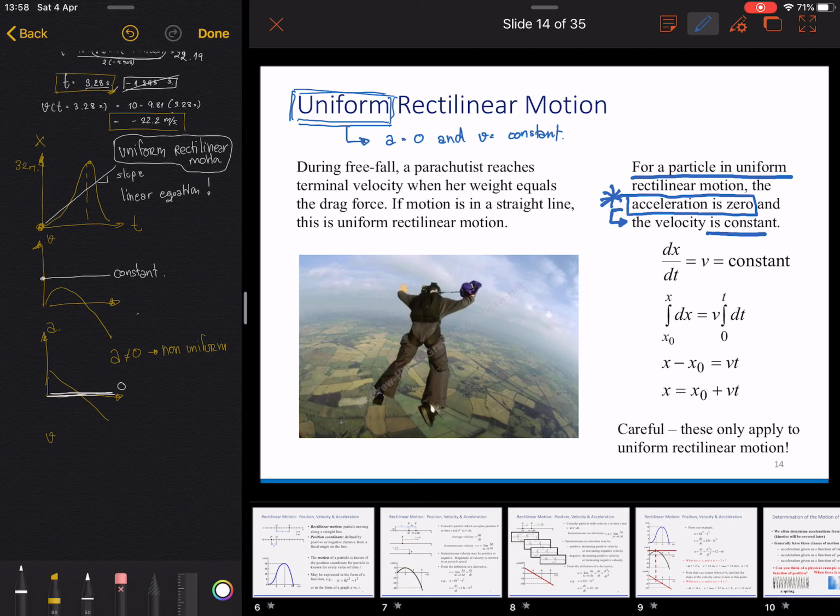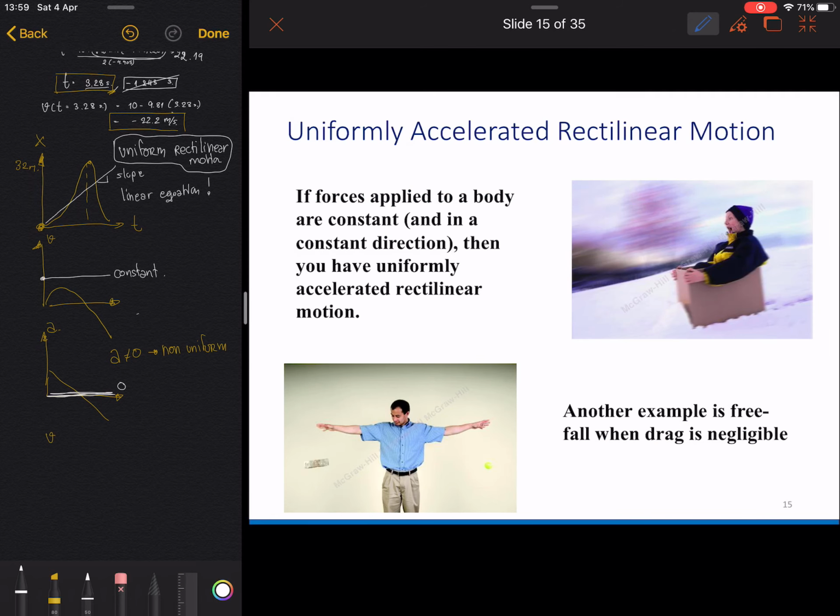Alright, then if velocity is constant, then when you integrate the velocity, you will get this formula. And please be careful that this formula is only used for uniform rectilinear motion. If you have acceleration which is not equal to 0, you cannot use this formula. Okay. Next.